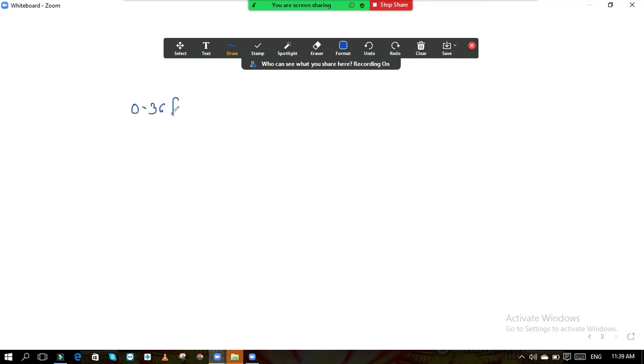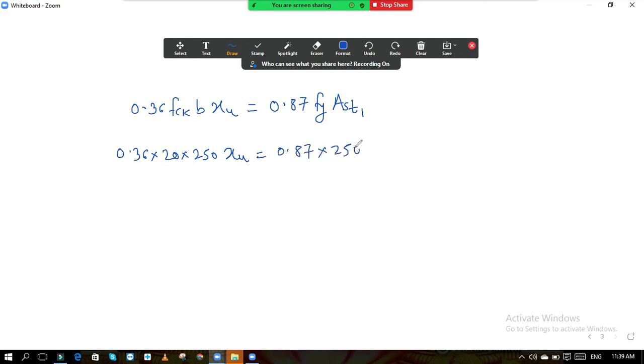It is 0.36 FCK B into Xu, which is equal to 0.87 Fy into AST1, because it is Tu1. So 0.36 into FCK 20 into B 250 into Xu is equal to 0.87 into Fy 250 into AST1, 1577.86. So put all the values. Now what is the value of Xu?